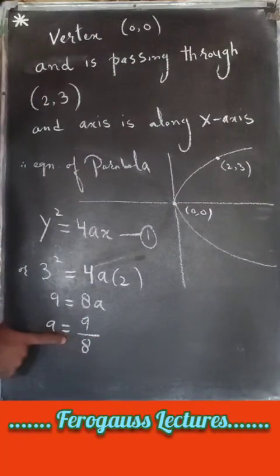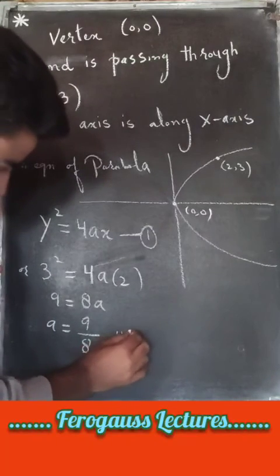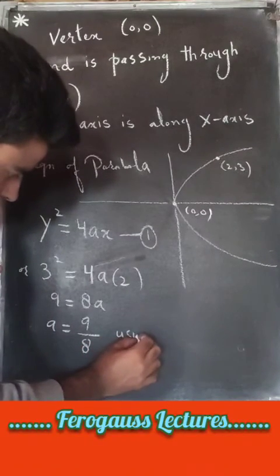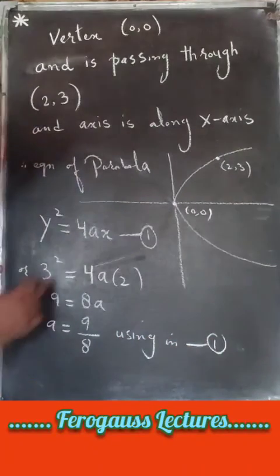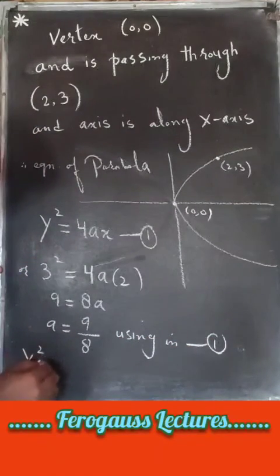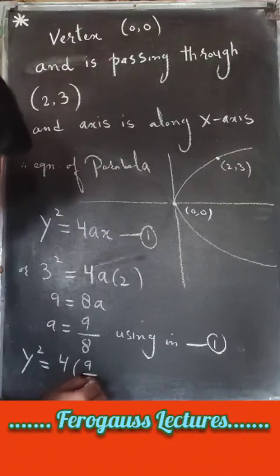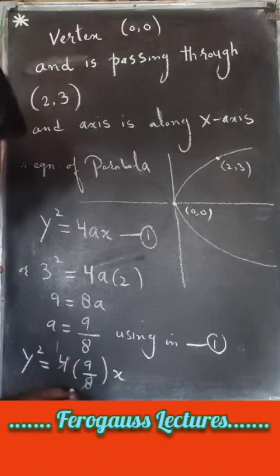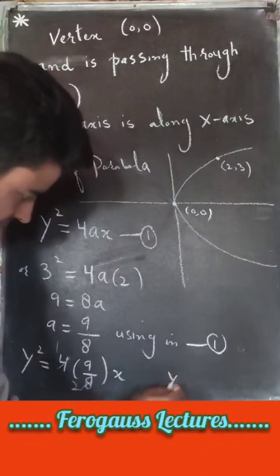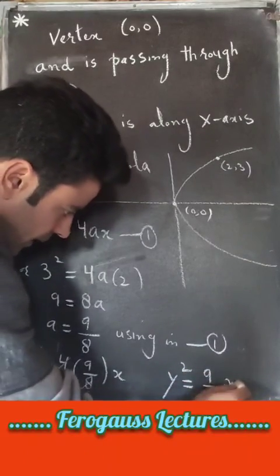Now substitute this value of a in equation first. Using it in first, we get y square equal to 4, a is equal to 9 by 8, x, which is 4 ones are 4, twos are, or we get y square is equal to 9 by 2 x.